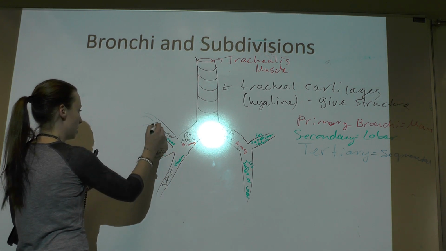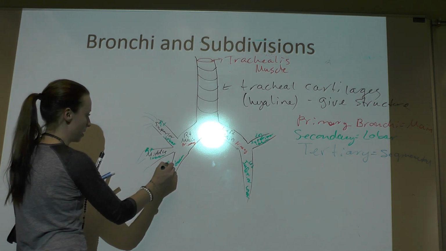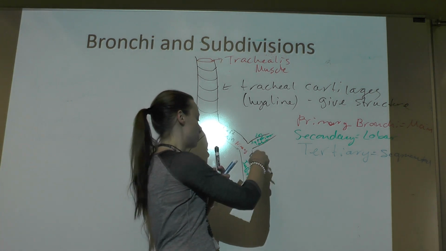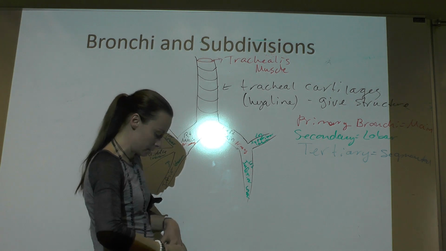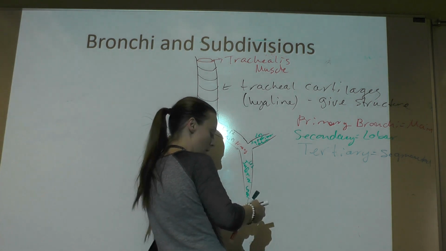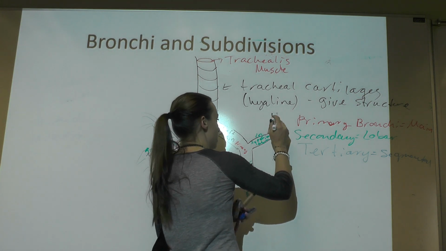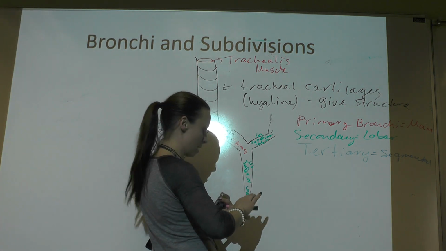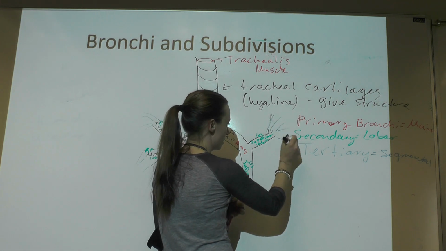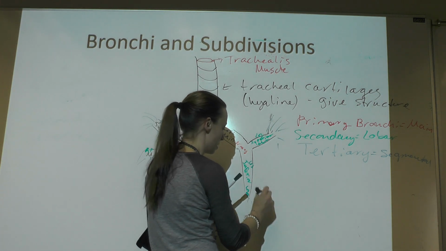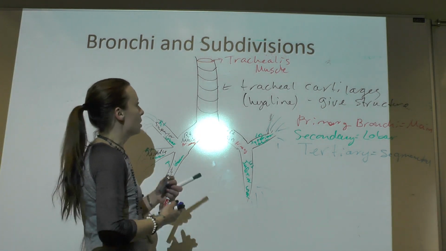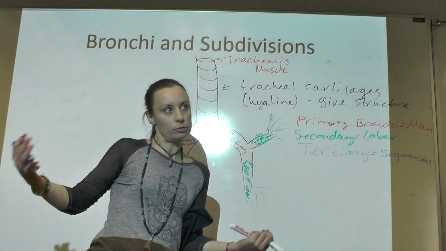And on the right side, again, we've got right superior, middle, and inferior lobar bronchi, serving these different lobes of the lungs. Then branching off of our lobar bronchi, we have our last type, the tertiary or segmental bronchi that serve each of the different segments of each lobe. So that's the bronchial tree.